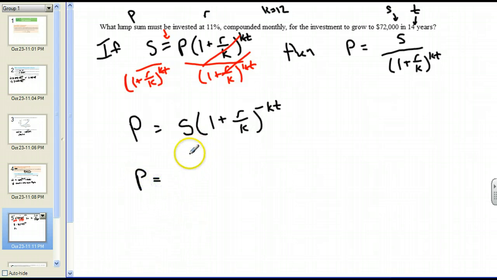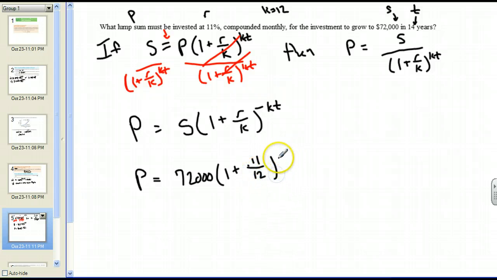P equals 72,000 times parentheses 1 plus r is 0.11 over k is 12, raised to the negative 12 times t is 14, so negative 12 times 14.